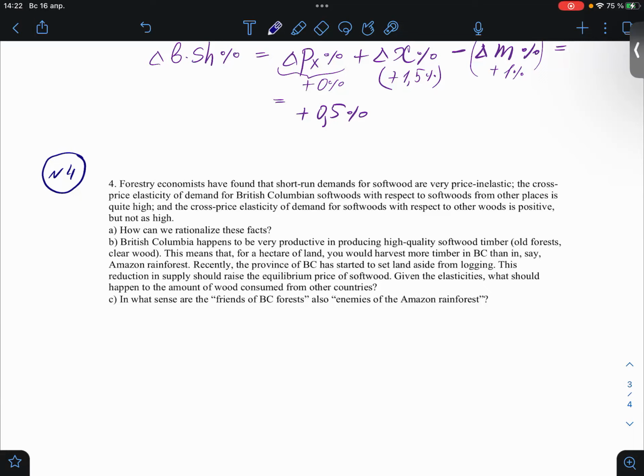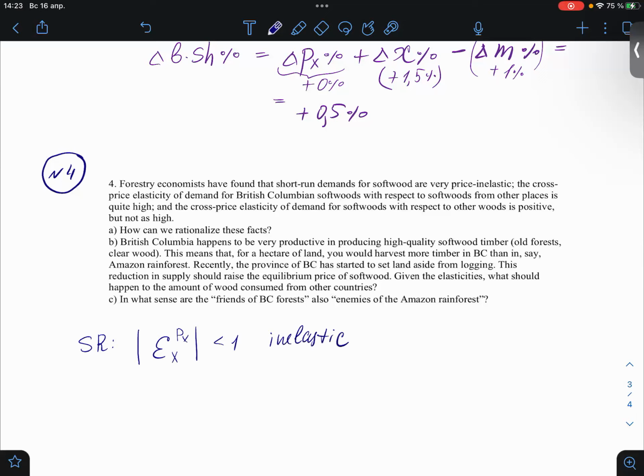Here are elasticities. In the short run, we can write down like this. Demands for softwood are very price inelastic. Price inelastic means that the elasticity of good X by the price of good X, let's say for softwood, is less than 1, inelastic.